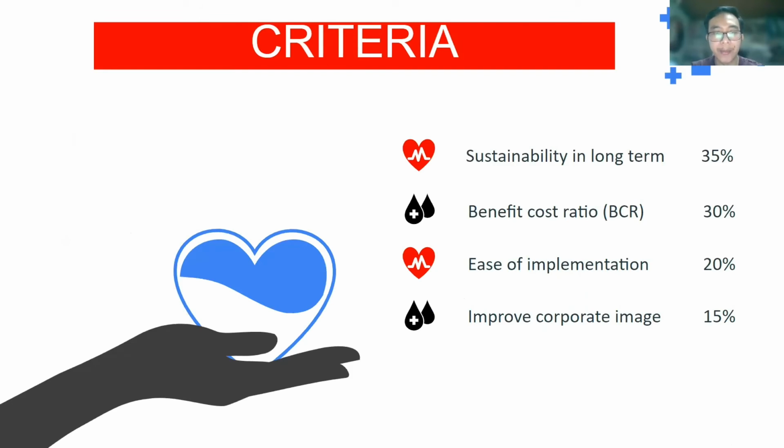So, based on the alternatives, here are the criteria that we chose before suggesting the alternatives. This is important to make sure that the chosen alternative is the best. The first criterion that we look at is sustainability in the long term.